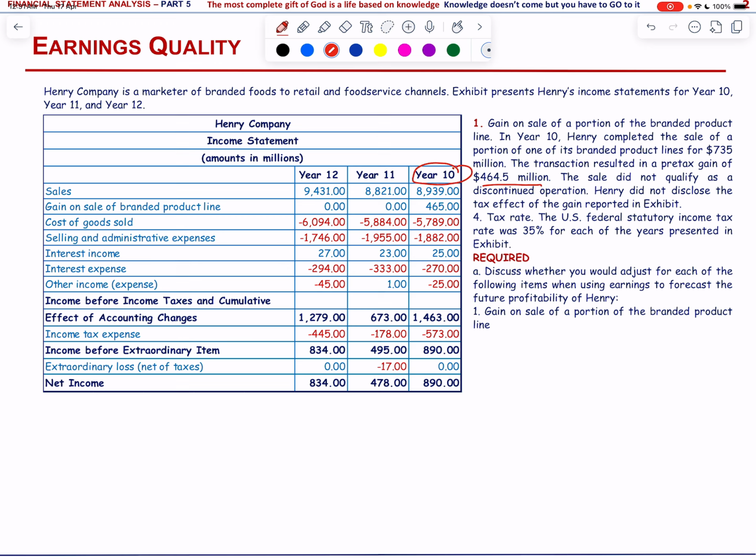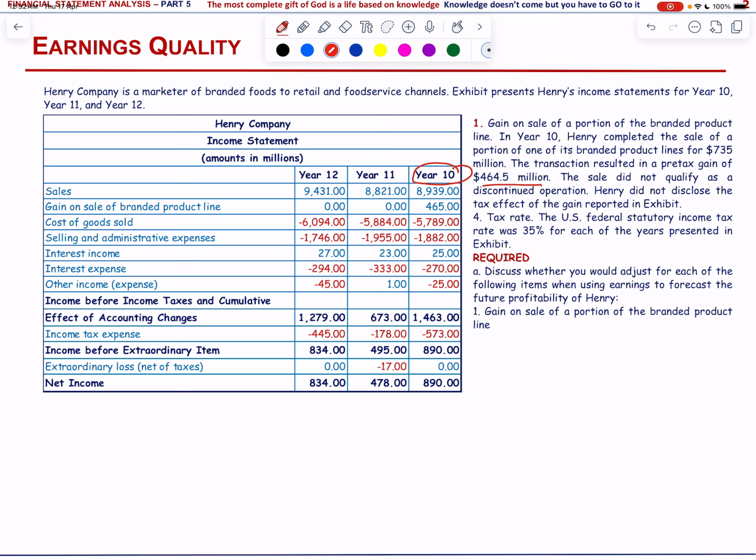Now, this is a non-recurring item, meaning it is not part of Henry's core ongoing operations. It resulted from the sale of a portion of the branded product line, which is a one-time event. So these types of transactions don't typically recur on a regular basis and are not indicative of the company's operating performance going forward.